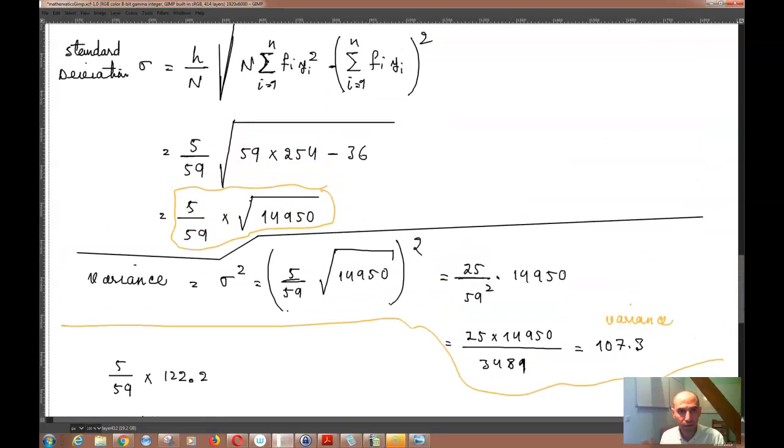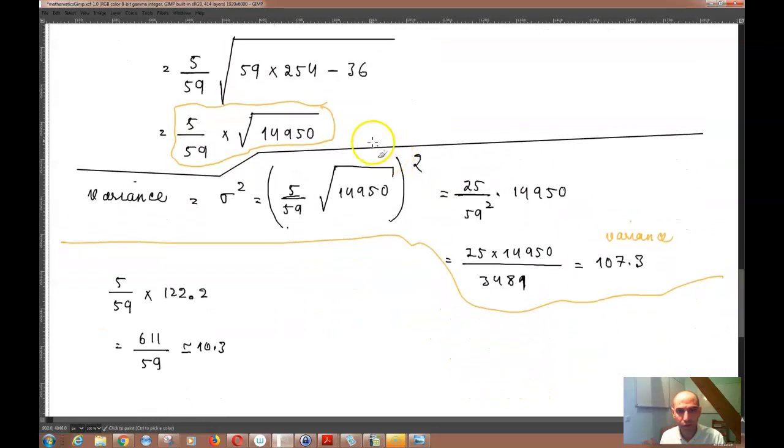And so that's basically your standard deviation. Your standard deviation is something about 10.3. That is your standard deviation. As you can see, your variance, which is sigma squared, of course, is a greater value than your deviation, which is basically 10.3.